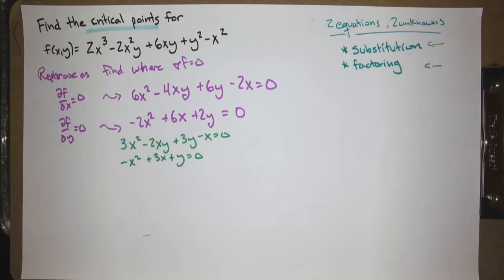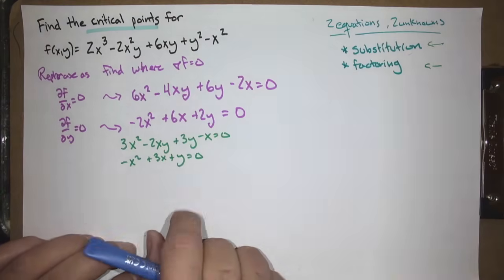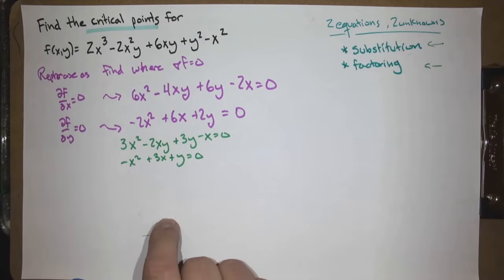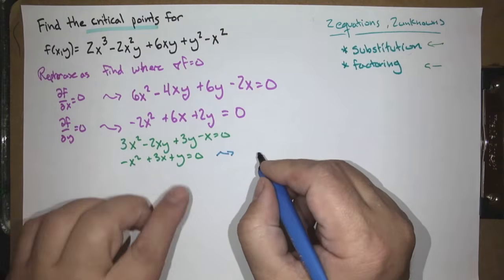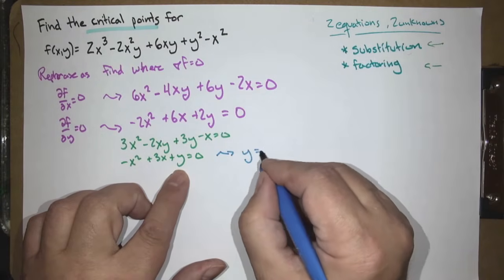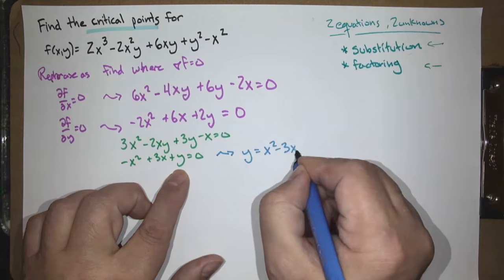All right. Is there a nice substitution? Now, when we talk about substitution, that means we want to take one of these equations and solve for one of the variables. Is there one variable we can solve for fairly easily? Yes, we can solve for y. y is x squared minus 3x.